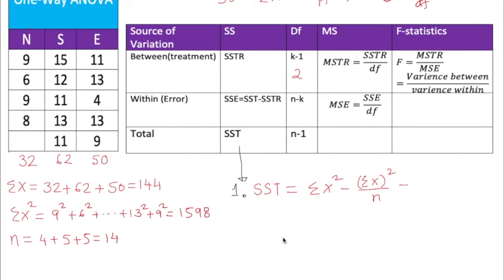So if I type in all these, 1598 minus 144 square over 14. My SST is going to give me 116.186, approximately that. I did a little bit ahead of time. Again, how did I get all this?